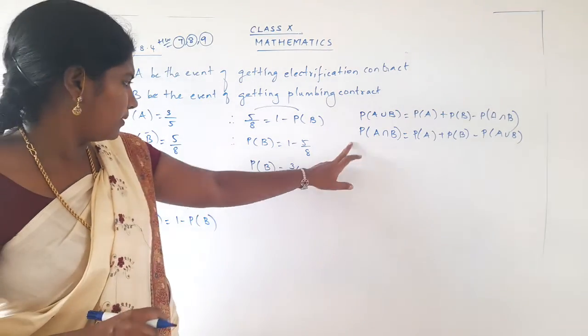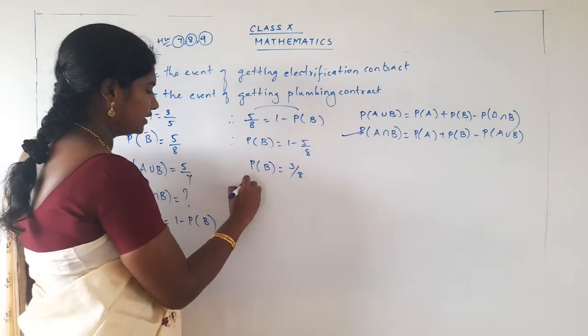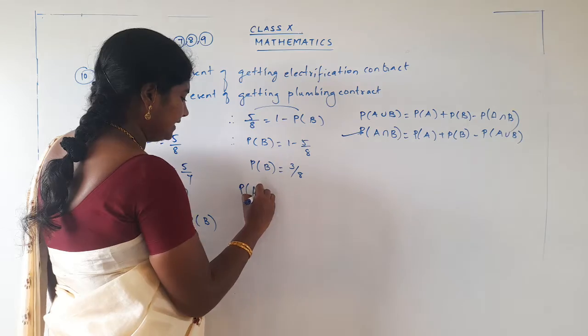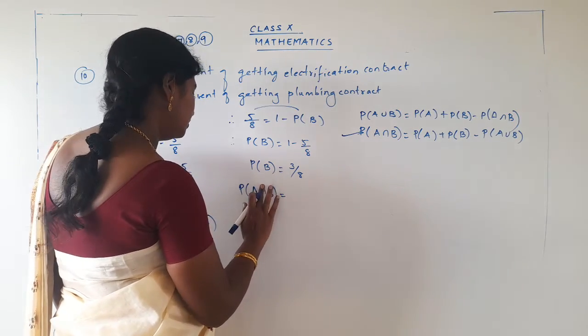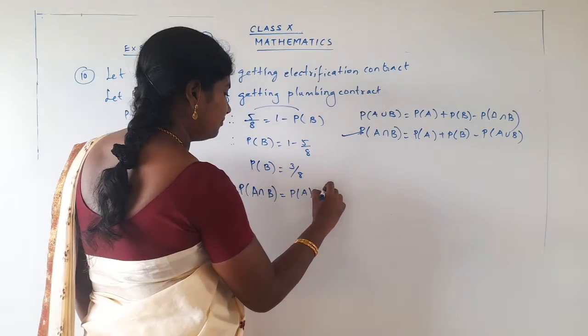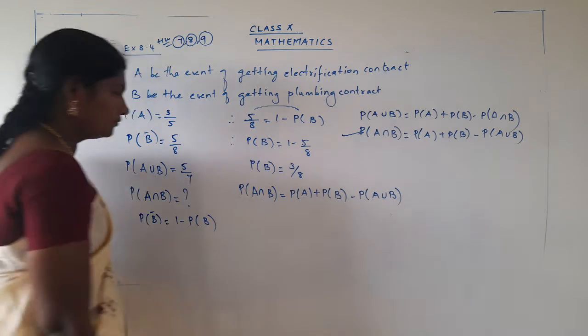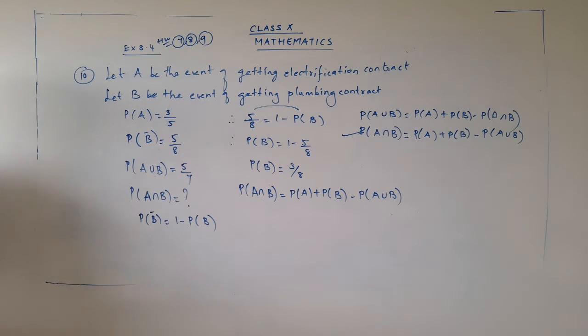I am going to use this formula because I have to find out this value. P of A intersection B is equal to P of A plus P of B minus P of A union B.